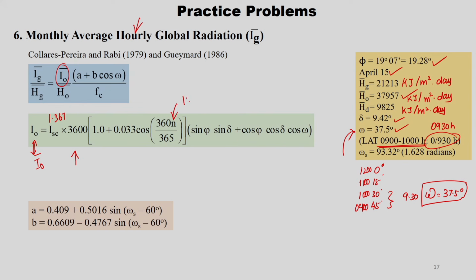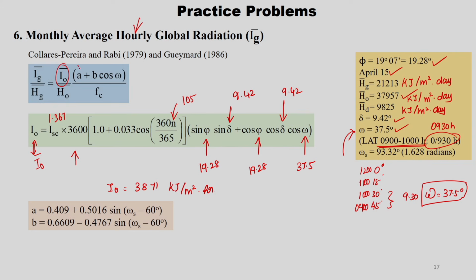N is the 105th day, as we have already seen for April 15th, phi is 9.28, delta is 9.42, and omega is 37.5. If we substitute, we get I naught as 3871 kilojoules per meter square hour, because we are calculating hourly radiation.